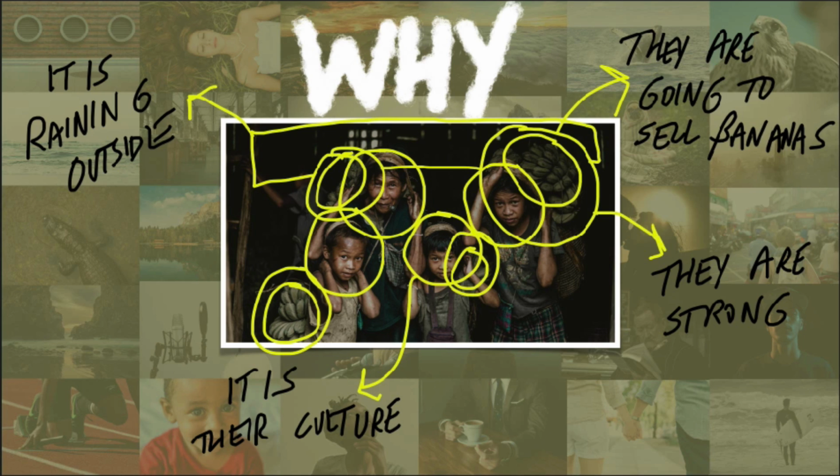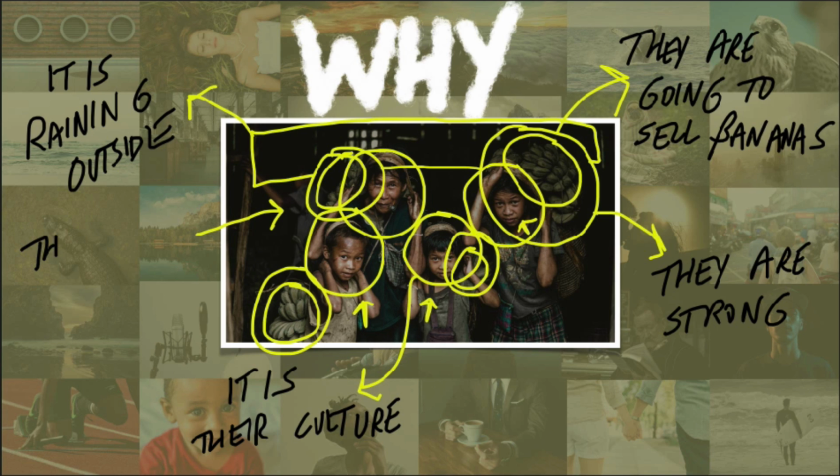And last, let's see. Now we notice again that this is a child, this is a child, and this is a child. However, this is an adult. So maybe this is their mother, and their mom is teaching them how to work.